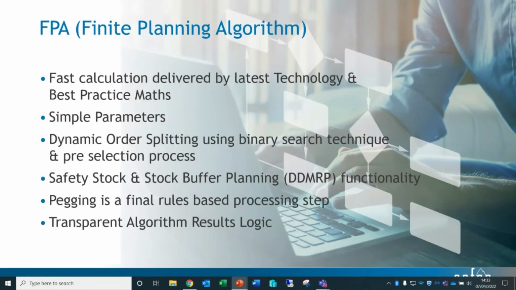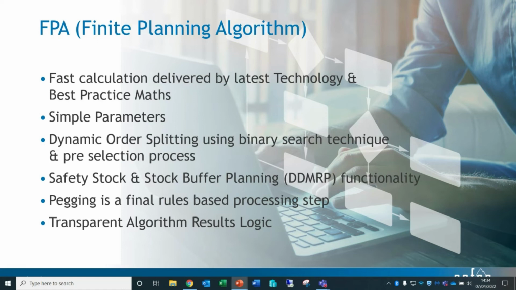In terms of supply planning, and again, this is production planning, distribution planning, materials planning, inventory planning, we have a range of algorithms within the system. One of the ones we use most is the FPA, a finite planning algorithm, because we can plan with finite capacity constraints or infinite constraints, and constraints can be capacity, they can be materials, and there can also be a range of rules in the system as well.